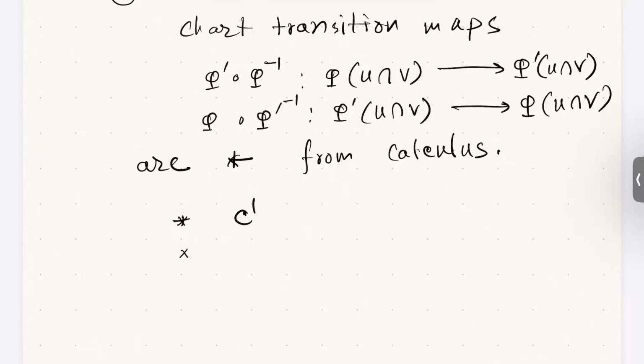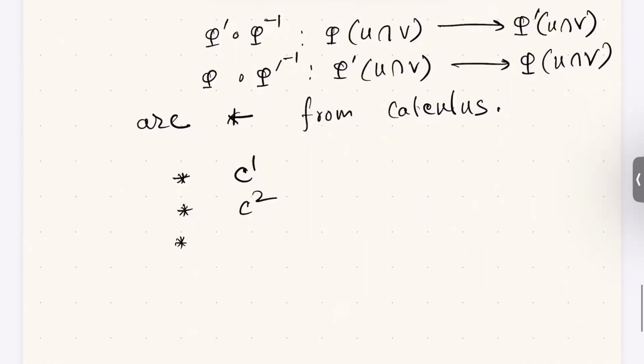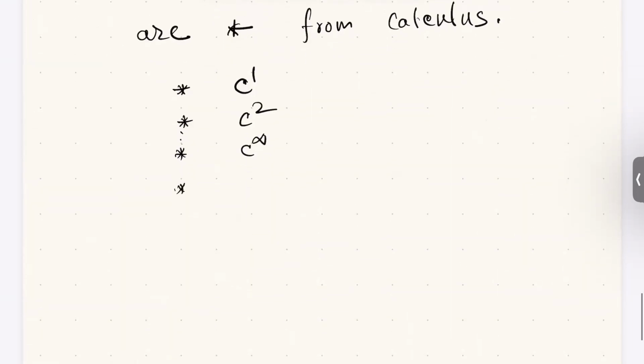And star can be C2, star can be C infinity, star can be even C omega, which is the Taylor expandable maps, and even star can be complex differentiable maps or analytic maps.